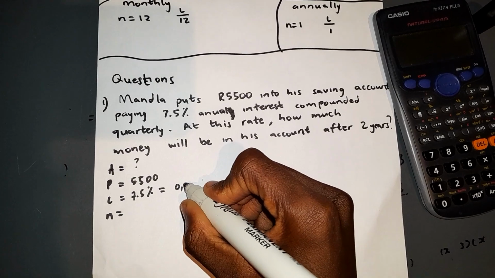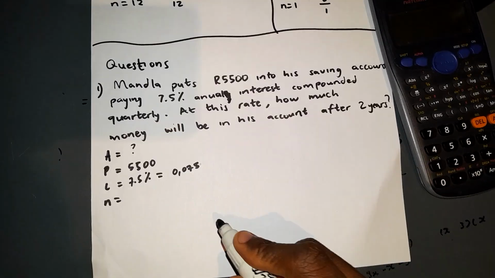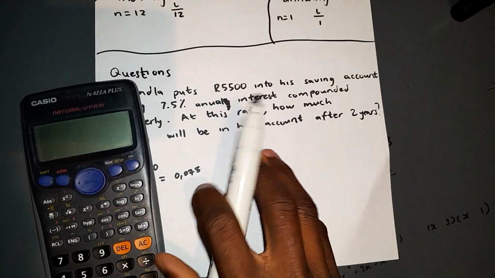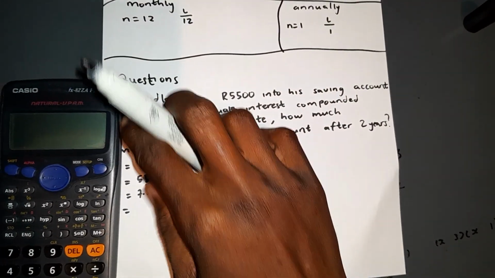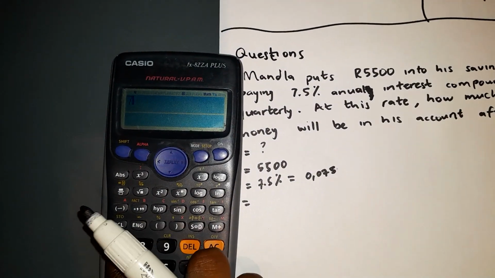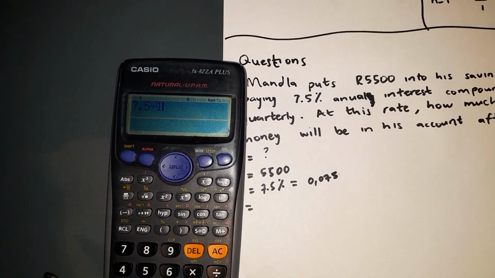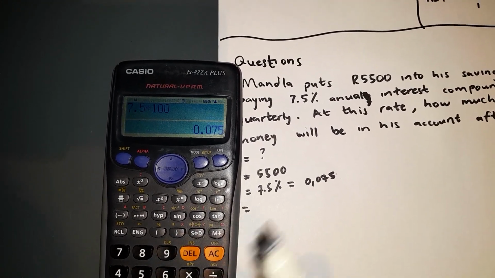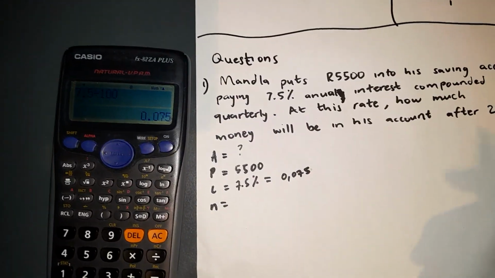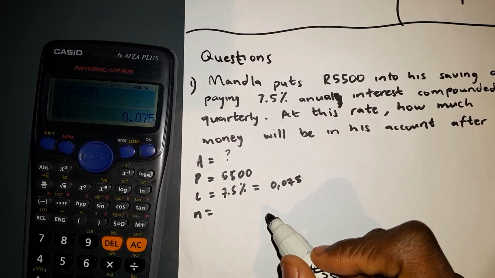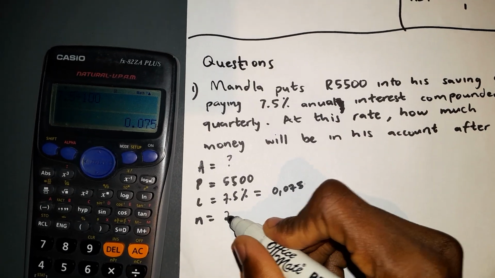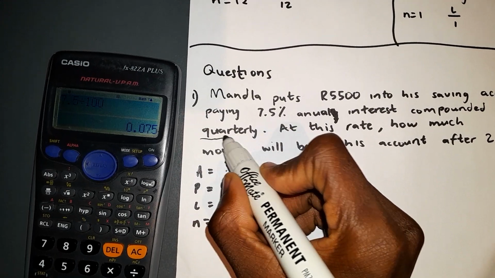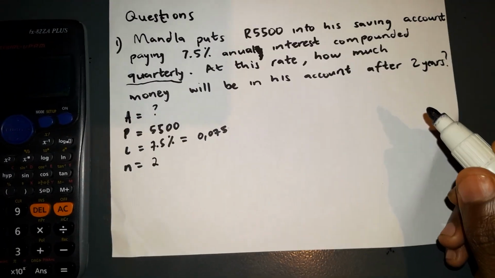It will be 0.075. If you are wondering how I found this, it's easy. Percentage means something over 100. It's 7.5 divided by 100, which will be 0.075. That's how we do it in decimals. And the number of years, they gave us 2 years, and it's quarterly. So let's highlight this, it will come in handy.